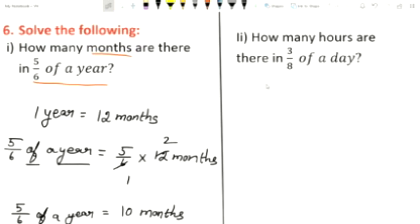See the second question. Here, how many hours are there in 3 by 8 of a day? So we are going to find the hours. Here you know very well, 1 day equals how many hours, children? 1 day equals 24 hours.